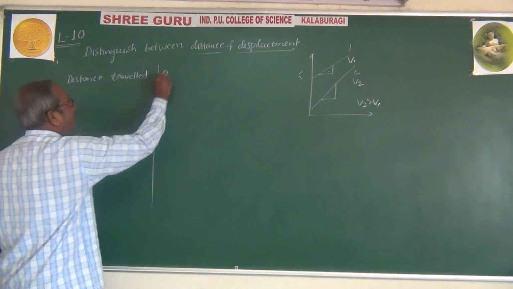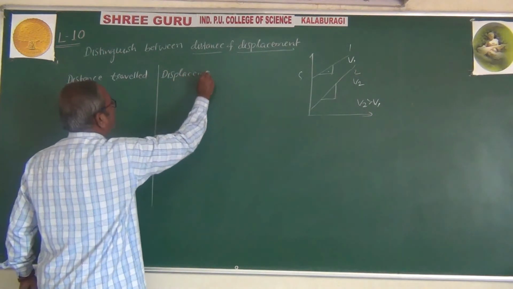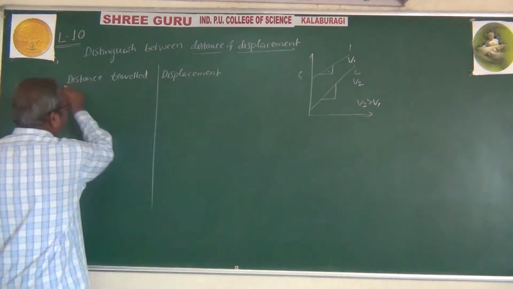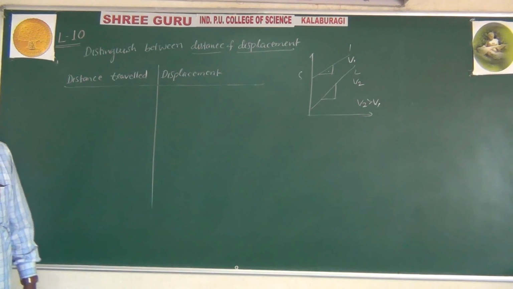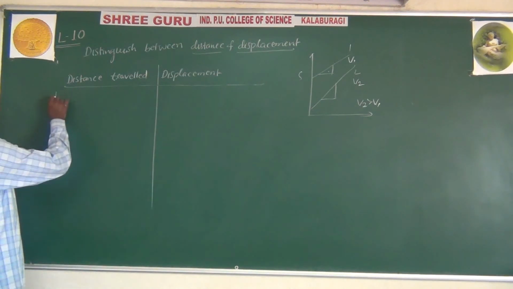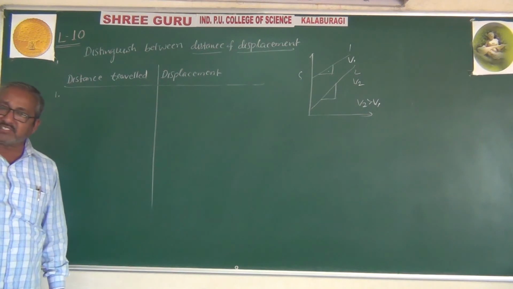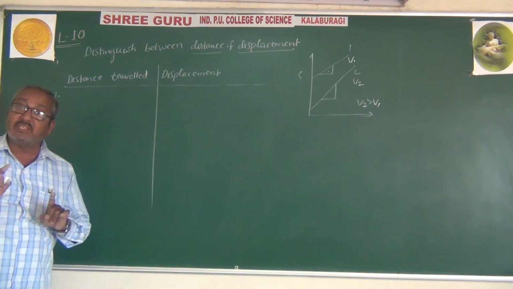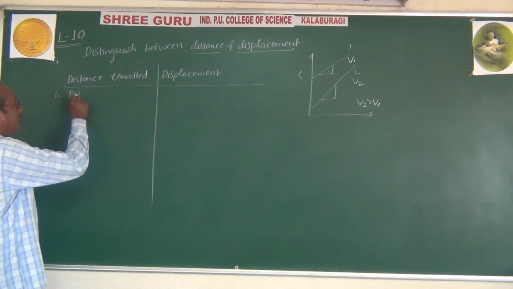Here is the displacement. There are a few differences. So one of the differences, first difference: in case of a distance traveled, which is nothing but path length.